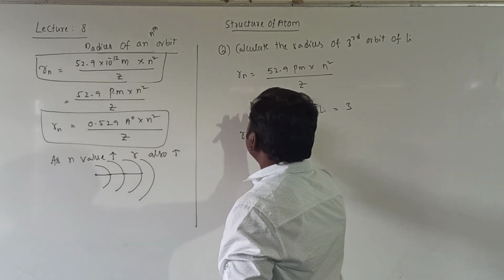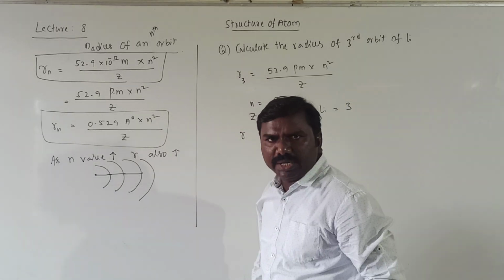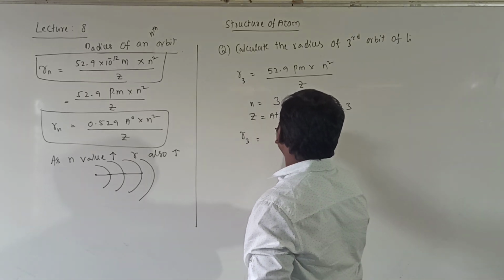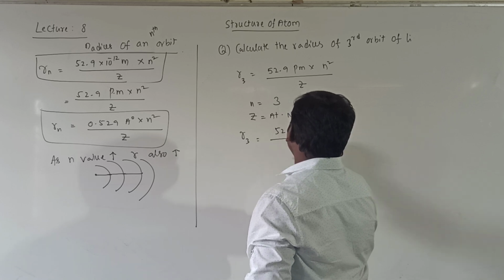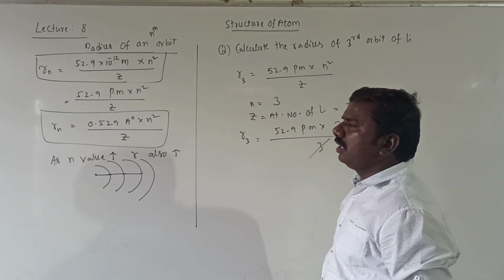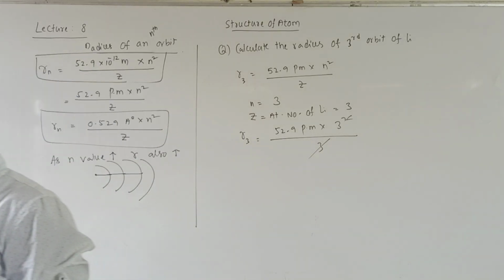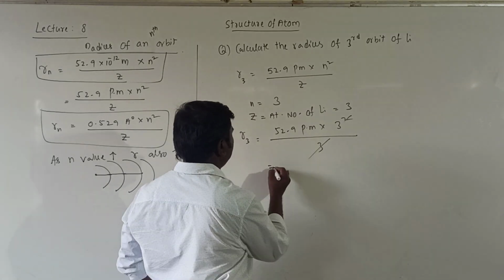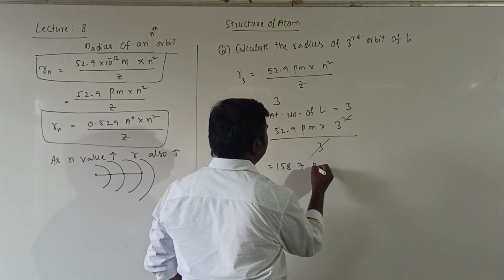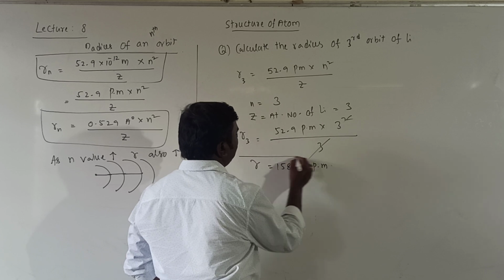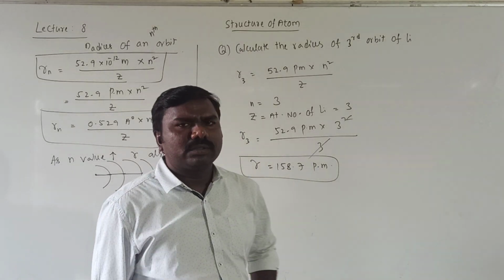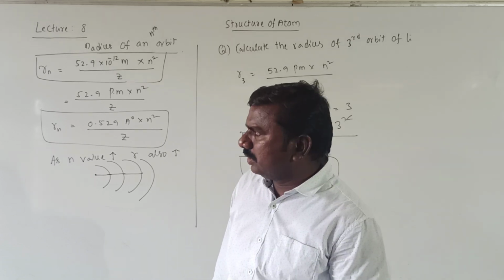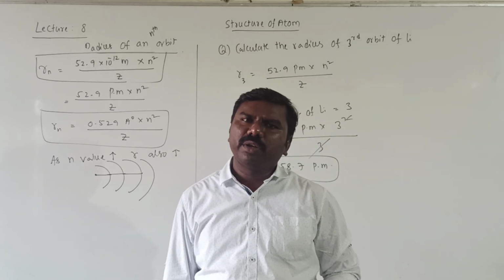Substitute all values. R3 means third orbit radius. R3 equals 52.9 picometers into 3 square by 3. The 3 cancels, so simply you will get the answer: 158.7 picometers. This is the radius of the third orbit. There is a chance of many questions, including ratios, from this data. Just solve the problems given in our material.